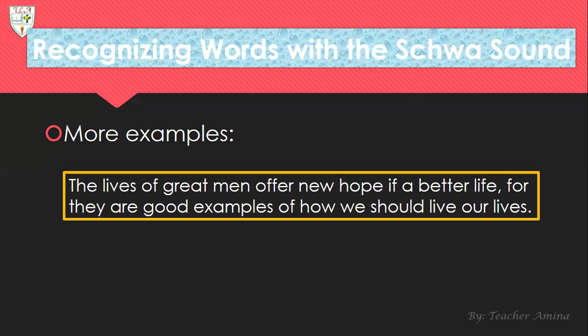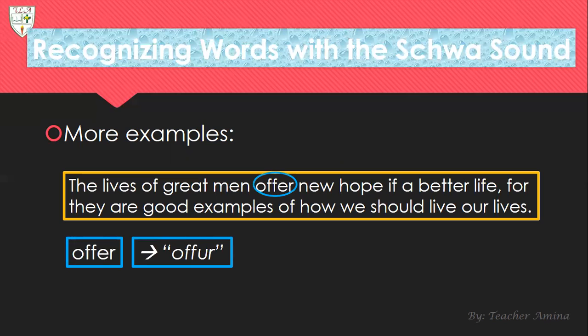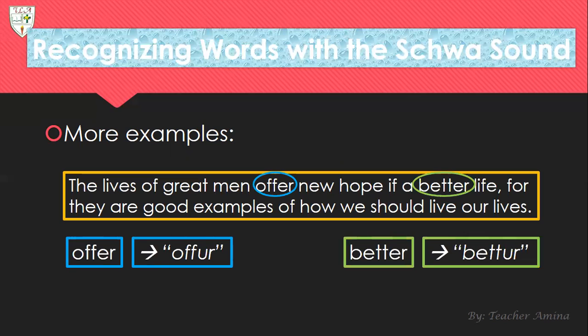Again, the lives of great men offer new hope of a better life, for they are good examples of how we should live our lives. So what do you think are the words that have the schwa sound? Okay, that's right. We have offer. So when you say this, it is offer. And we also have better.